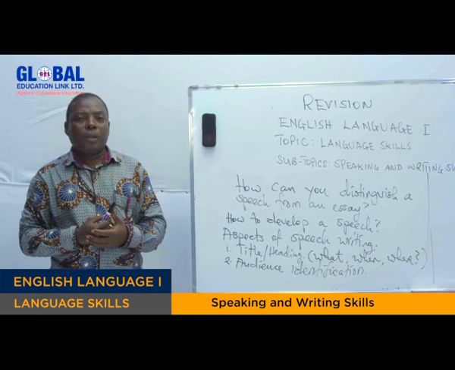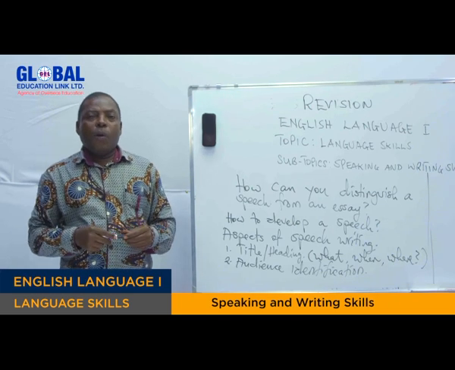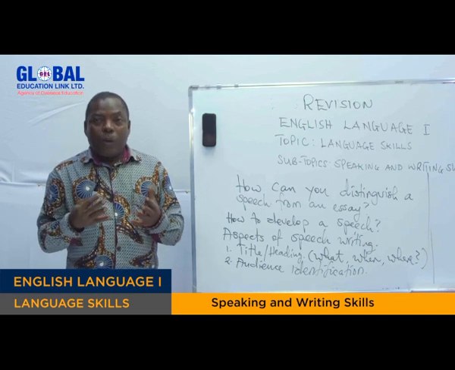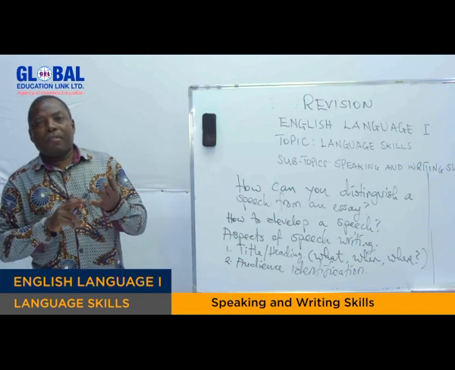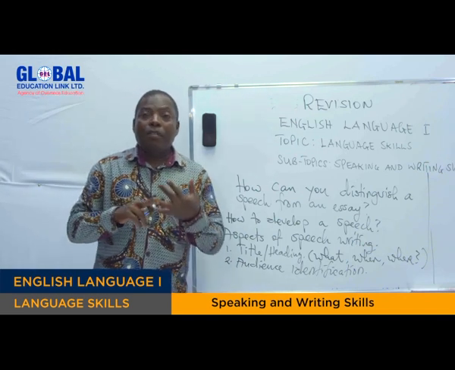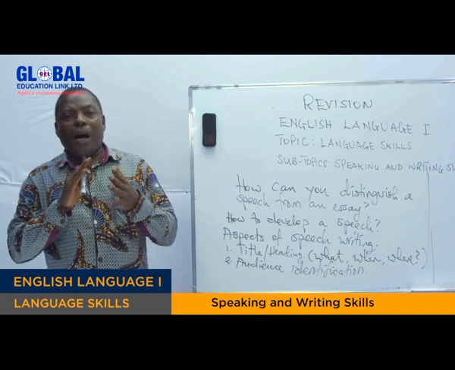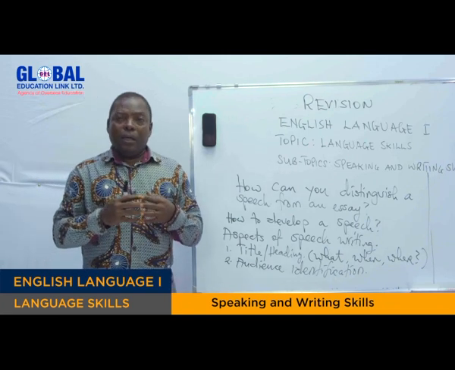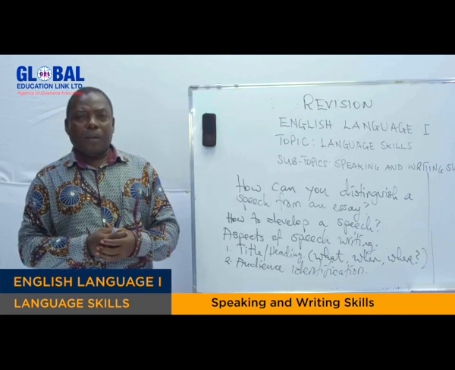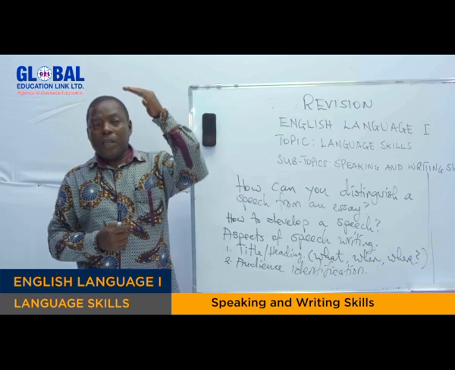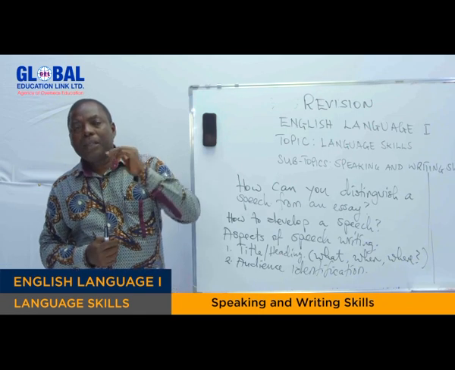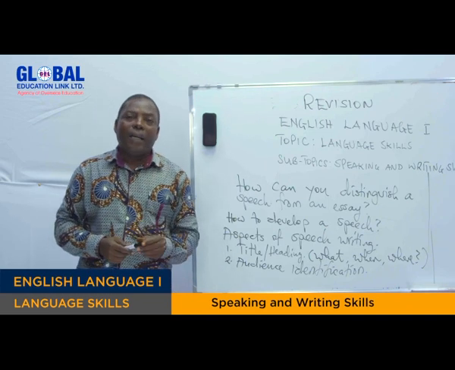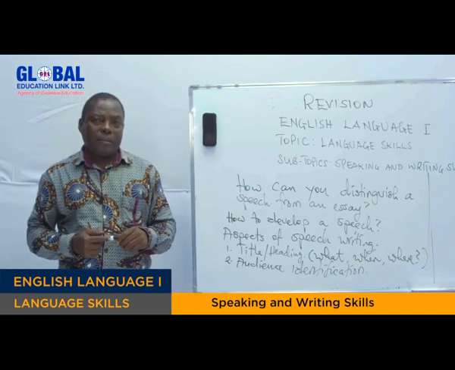So for example, if you are making a speech, and on that occasion you have the minister attending, the members of parliament, executive wards, students, and commoners, you'll definitely start with the minister, followed by the member of parliament, then the executive wards, the village, the students, and finally the ladies and gentlemen.